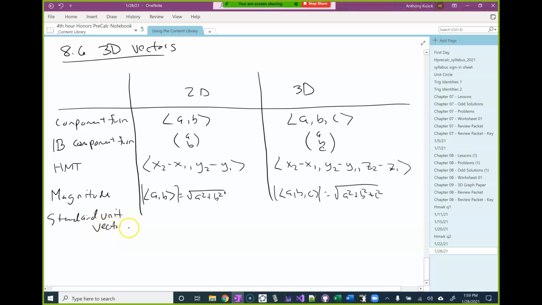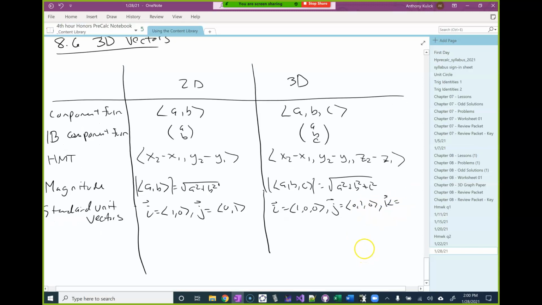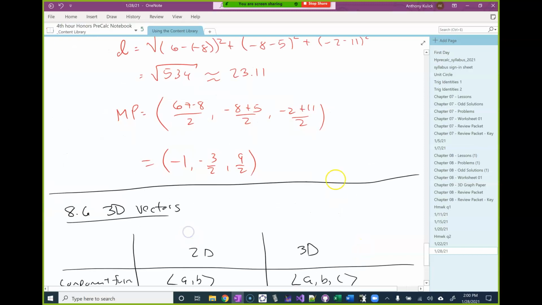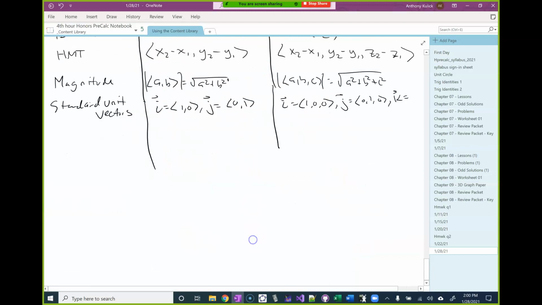So our standard unit vectors in 2 dimensions are these guys, the i and the j. In 3 dimensions, we have a third unit vector, k.